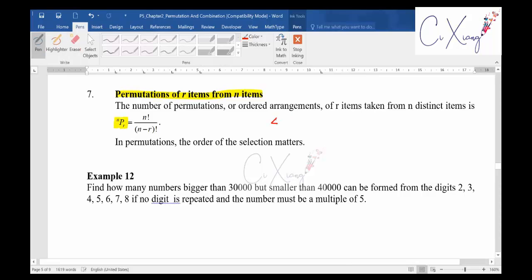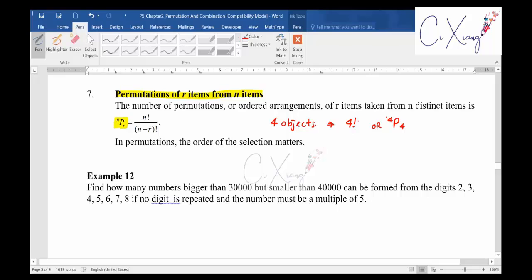Maybe you have 4 objects, and you want to arrange all of them. Let's say these 4 objects are different objects. When you want to arrange all 4 of them, previously we learned 4 factorial. If you want to arrange 4 different objects, you can also write it as 4P4.